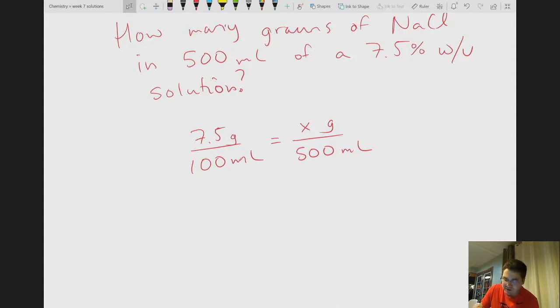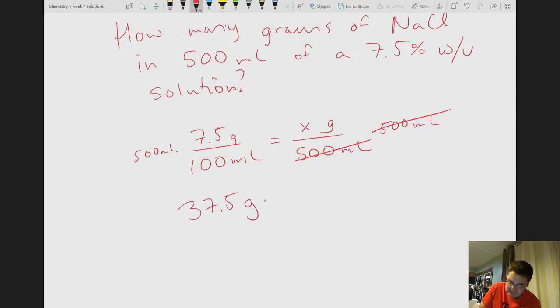You're just solving for X, so I'm just going to multiply by 500 milliliters. These cancel. 500 divided by 100 is 5, and 5 times 7.5 comes out to 37.5. So I end up with 37.5 grams of NaCl in that solution.